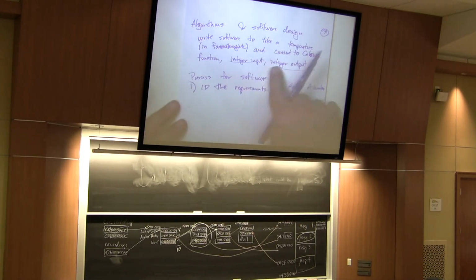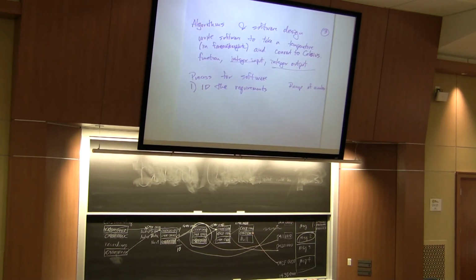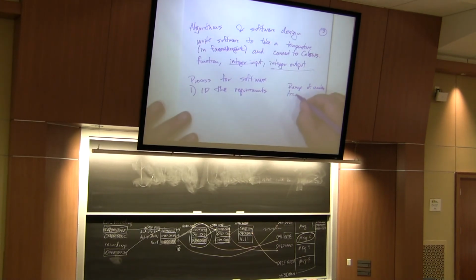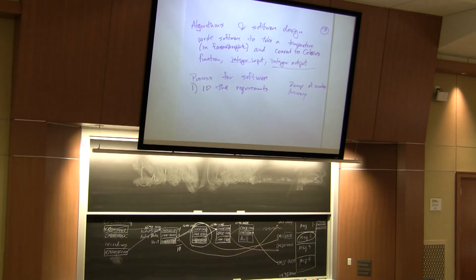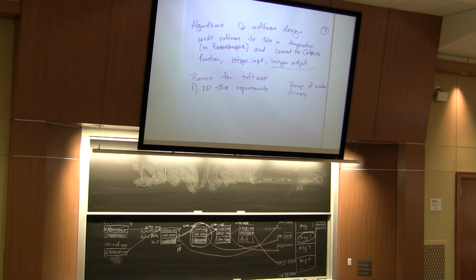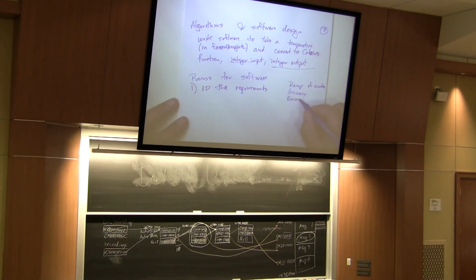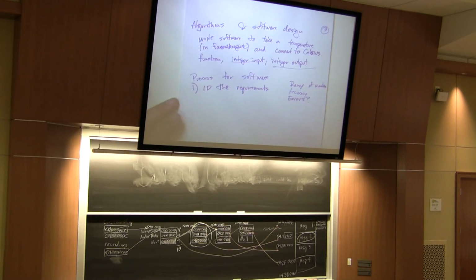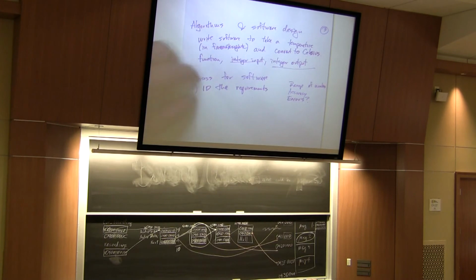Maybe accuracy, right? What else? What happens with errors? If I'm out of range, what do I return with errors? So these are some of the things you identify as requirements up front.